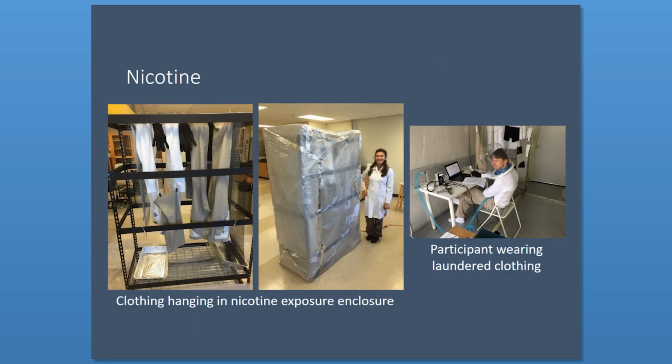We actually studied a few other chemicals this way over the past few years for a number of different reasons. One was that we'd like to verify that this is happening with other chemicals, not just the ones that we studied. We were also interested in some of the more technical details of how this happens. Nicotine's a really interesting compound because it's a little alkaline, and our skin is somewhat acidic.